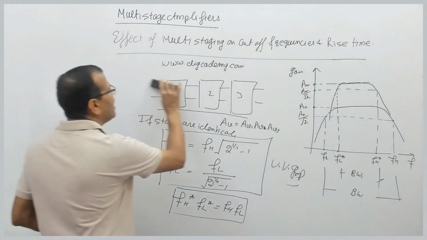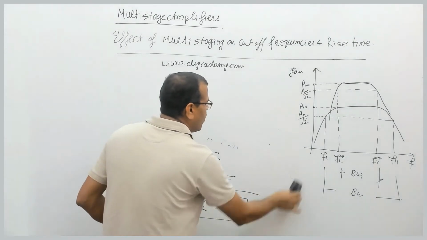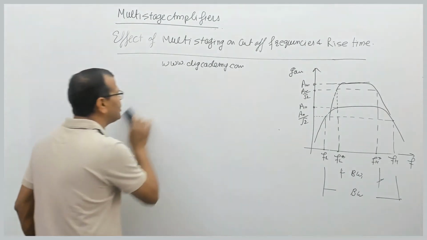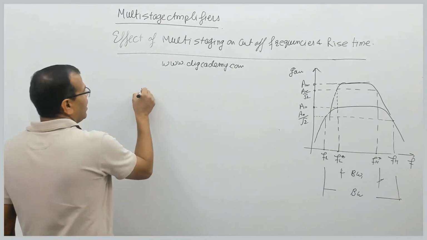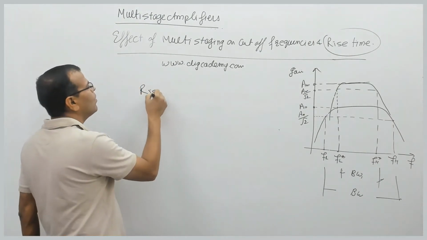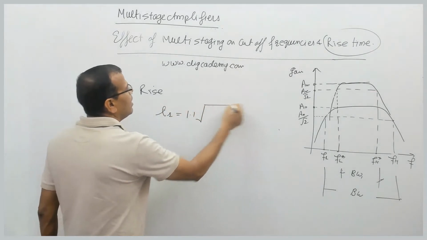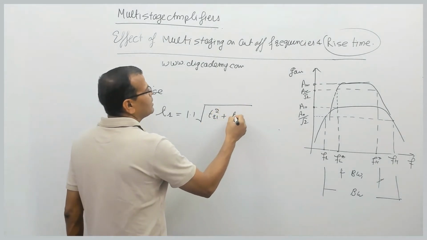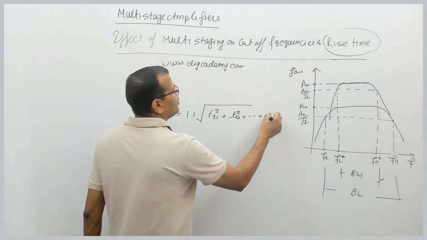Now, suppose I have n number of stages having different rise times. It means if all stages are not identical, in that case there is an expression for rise time. I am repeating now. The overall rise time for n stages is TR equal to 1.1 times the square root of TR1 square plus TR2 square and so on up to TRn square, where TR1 is the rise time of stage 1, and so on.